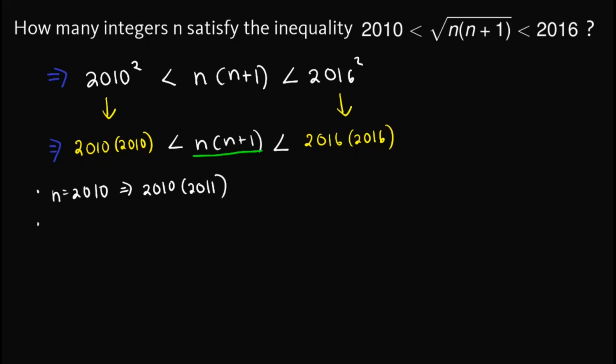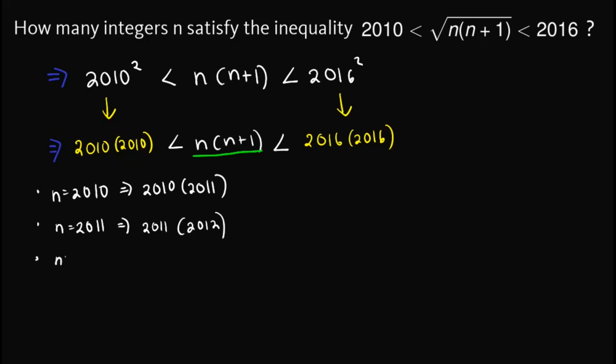Aside from that, we also have n equals 2011. So we have 2011 times 2012, which is also in our inequality. And we do the same for the rest of the possible values.